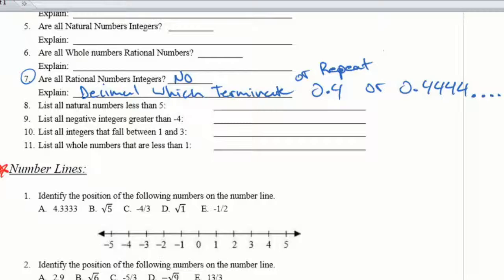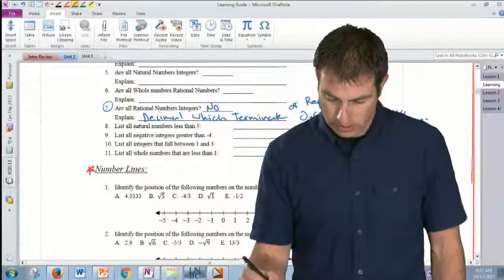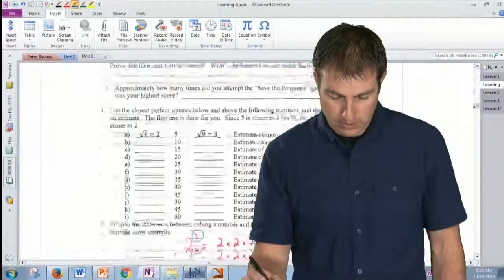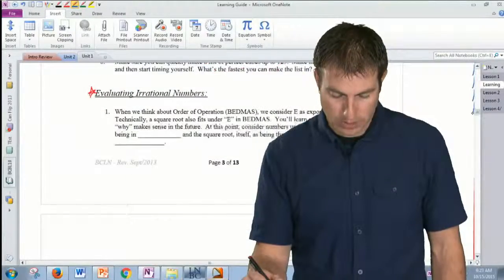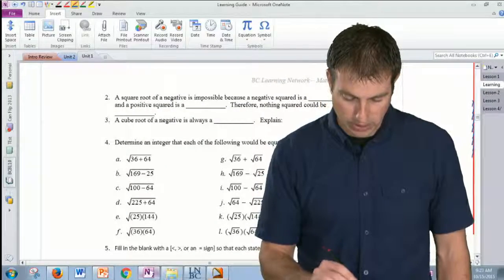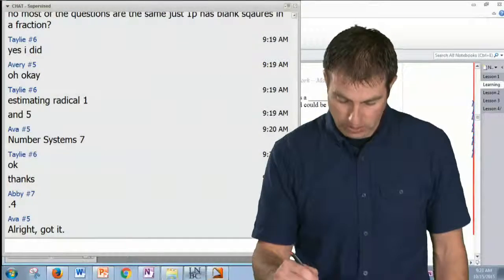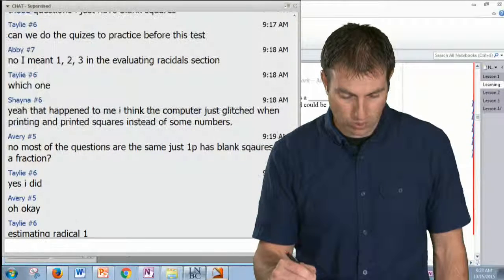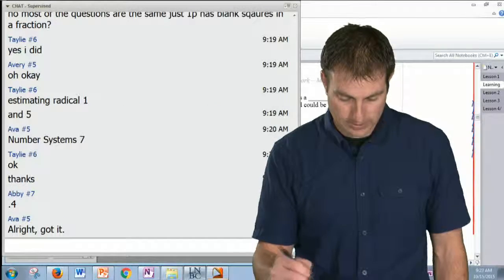Okay, estimating radicals number 1, I think I did that. Yes. Evaluating irrationals. Somebody have a question about the evaluating irrationals? My chat is all giant sized here and I can't see as much. Evaluating radicals 1, 2, and 3.